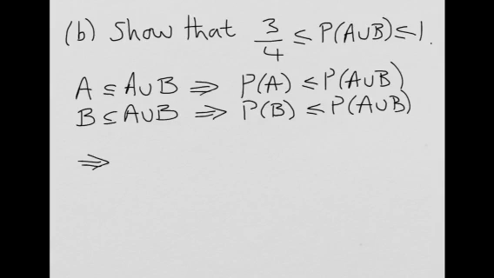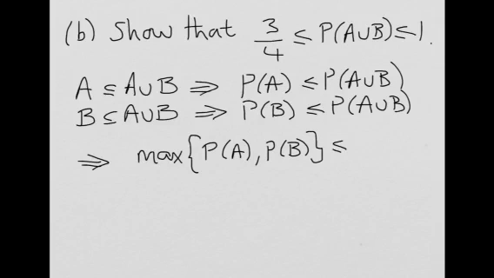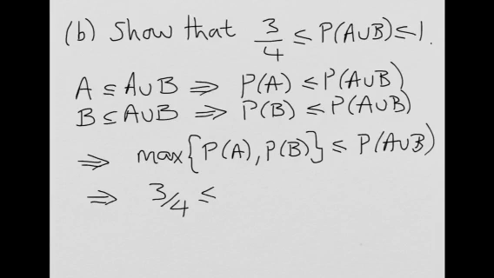What this means is that the probability of A union B has to be bigger than the maximum of the probability of A and the probability of B. So the probability of A is a half, the probability of B is 3/4, so this shows that the probability of A union B can't be smaller than 3/4.